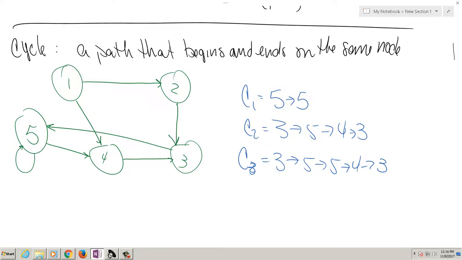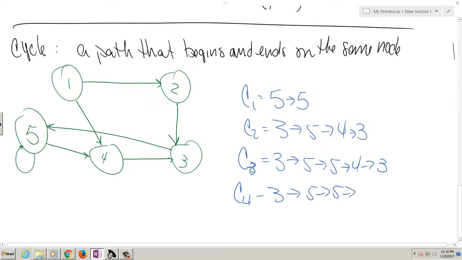Doesn't mean that there is always a cycle in a given relation. The potential exists that a relation does not have a single cycle because there is no way to get from a node back to itself. Here is another one. 3 to 5 to 5 to 5 to 4 to 3.